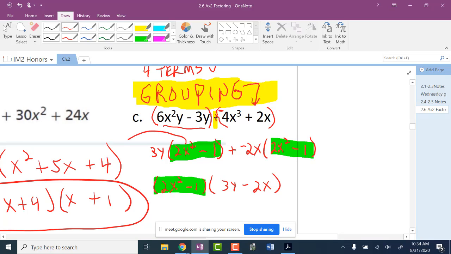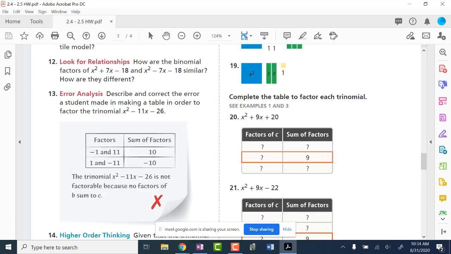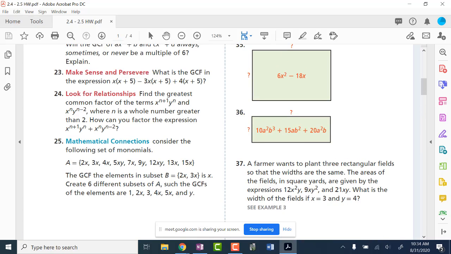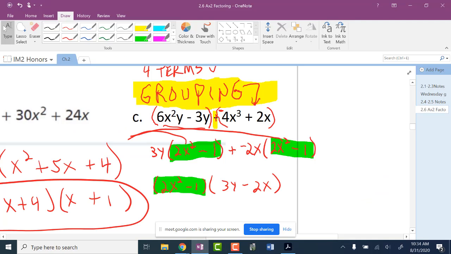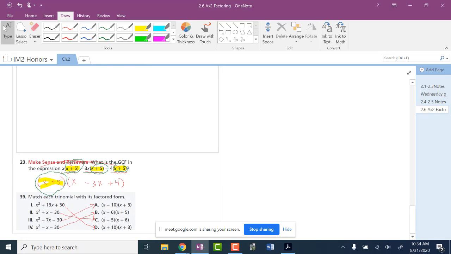This is a GCF binomial, which coincides with number 23 in the homework for 2-4, which you've got to do in order to have these ideas down. And I'm going to go to the end of my notes and snap that in there. Did I? Oh, I did. Nice. Okay, let me erase that and then show you, and then go back to that one up there.